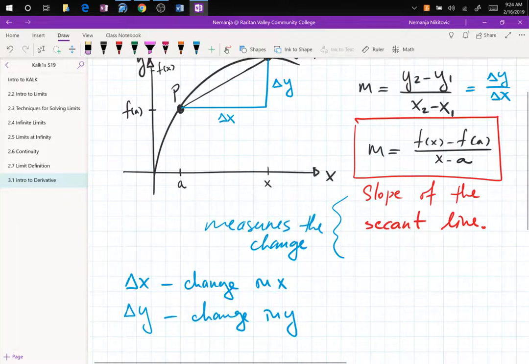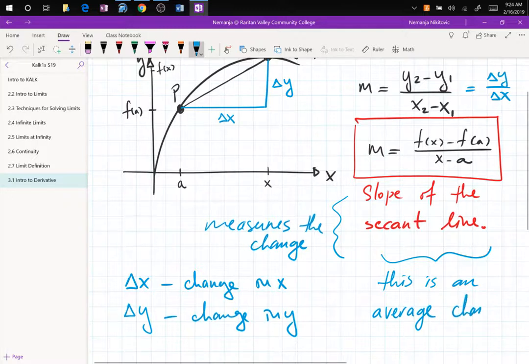Now this slope is something that we say is the average change in the function.